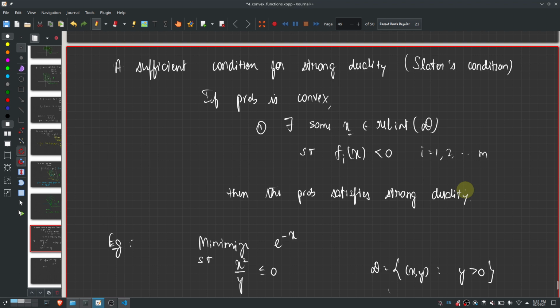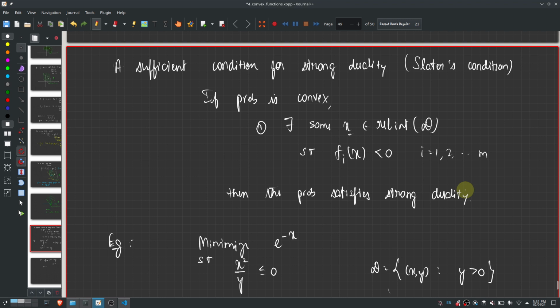But it's not true for general non-convex optimization problems. So you can extend this beyond convex optimization to specific subclasses of non-convex optimization problems. It is sufficient, and the problem being convex is not necessary.